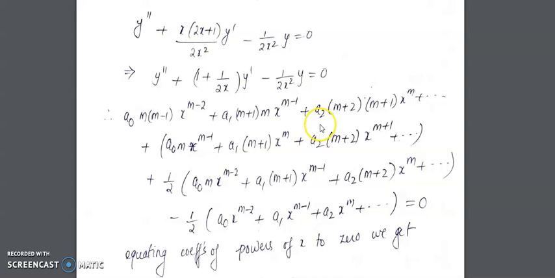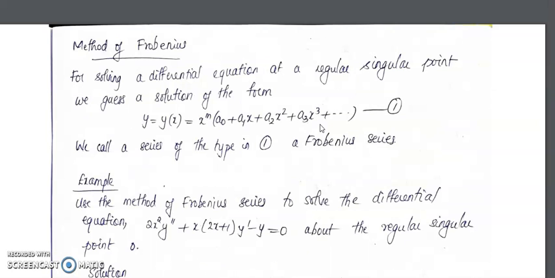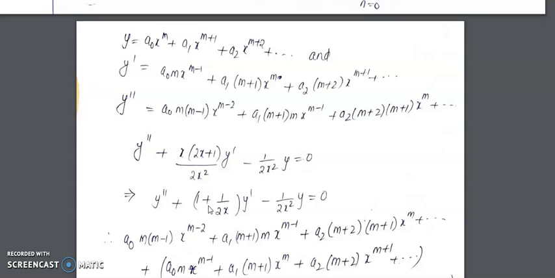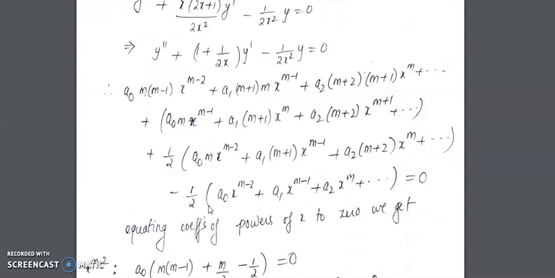When we assume this series, here you assume that y is of the form x raised to m into a0 plus a1 x plus a2 x square plus etc. Here a0 is always non-zero when we take a Frobenius series. Now let us equate the coefficients on both sides.